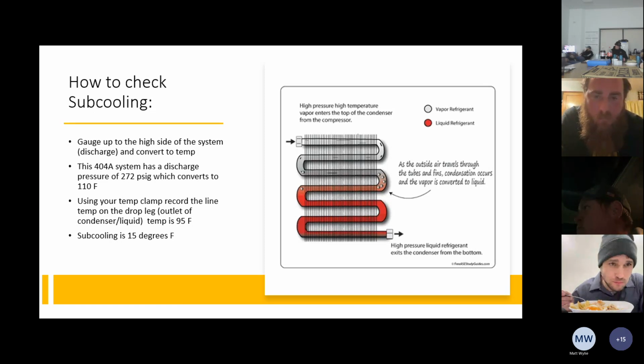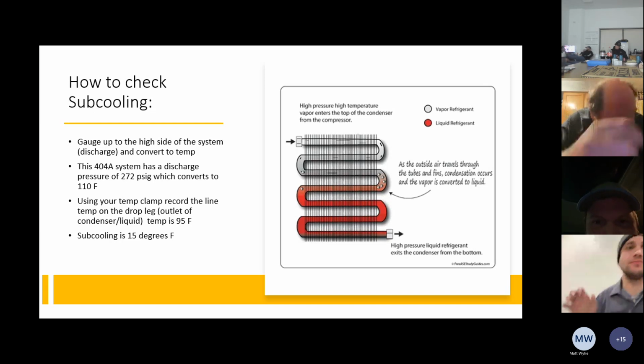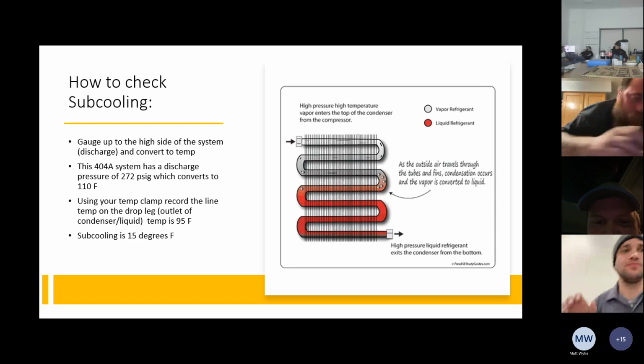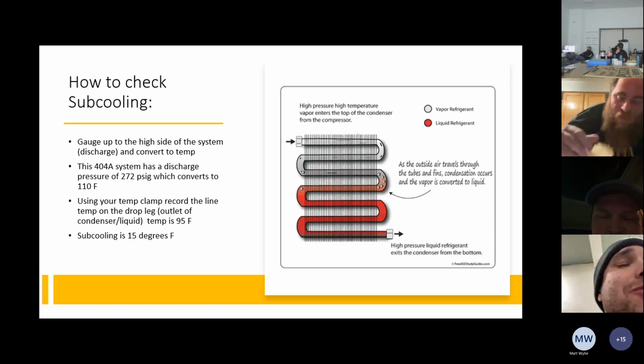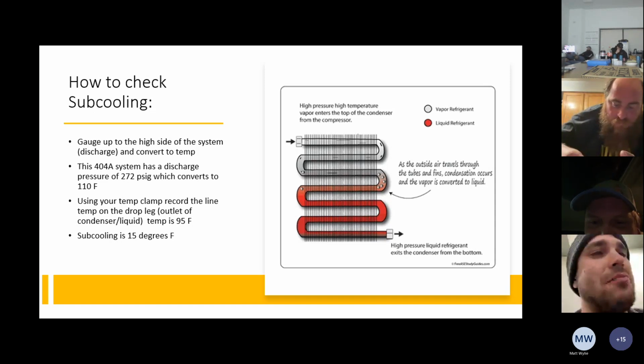Dylan, you're an HVAC guy, and I know your mouth's full of food, but you want to answer this one? Always done that for refrigerant charge on a split system.